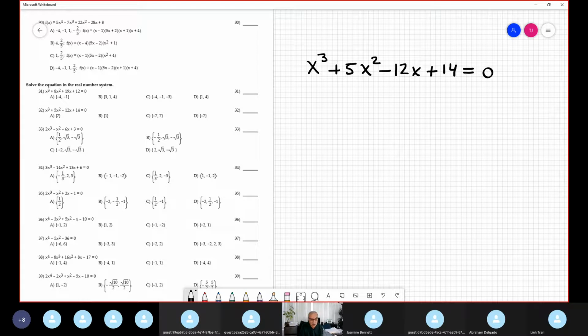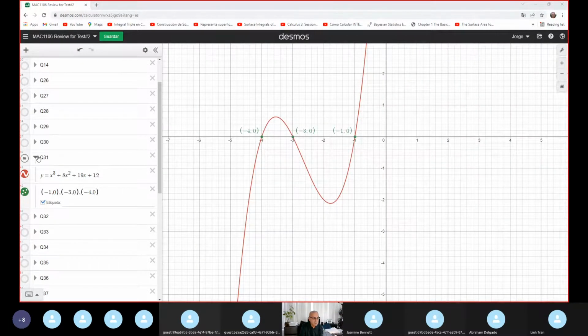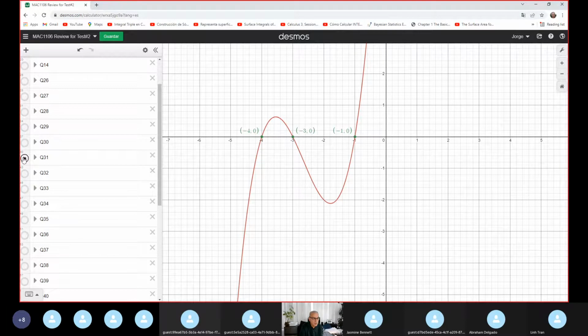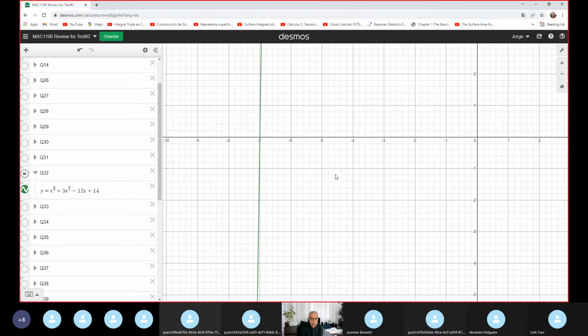Okay. I suppose you see now this. Yes or no? You see? Yes. Okay. 32, when I plot that, look, this is my equation. When I plot that, boom. I don't know what's going on. I saw a line. Actually, it's no line.